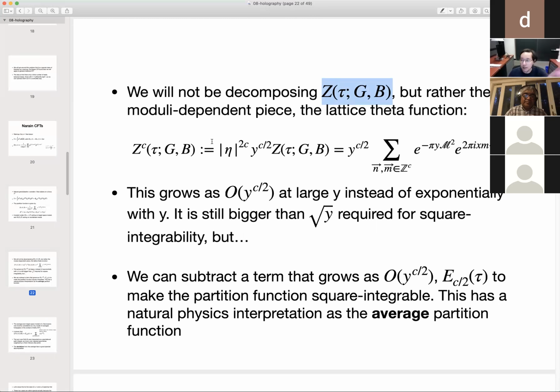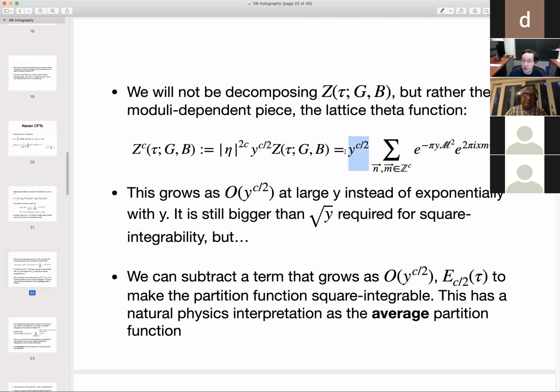So we're going to take out all of the oscillators and just decompose the lattice theta function. The lattice theta function was just this piece right here. Now you might object and say this isn't modular invariant, and you're right, because to get this piece we had to take out the oscillator modes. But the oscillator modes have a well-known transformation property under modular transformations, and in particular they pick up a weight.